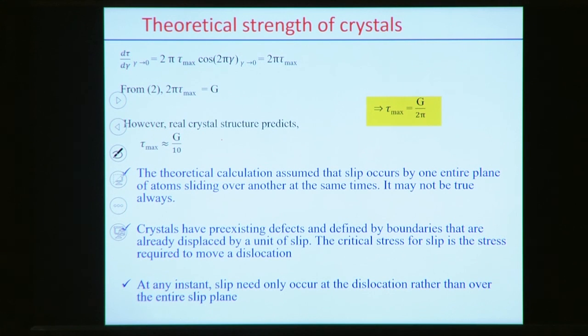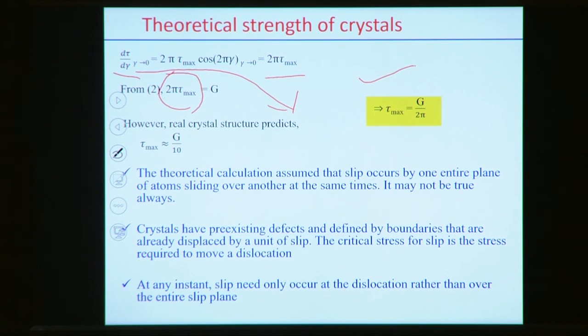We can find that d tau by d gamma is 2 pi tau max. So this value represents the slope at shear strain equal to 0. That is the representation of the shear modulus of a material. So 2 pi tau max equals G. From here we can find the maximum shear stress equal to G by 2 pi.